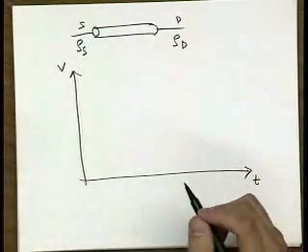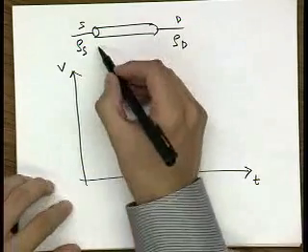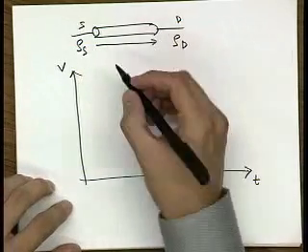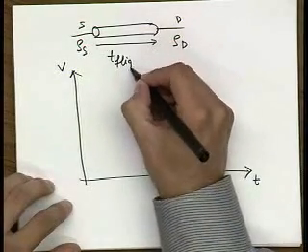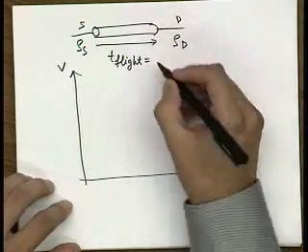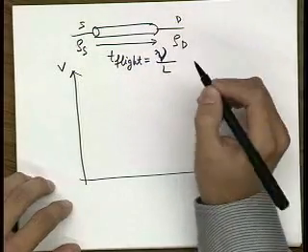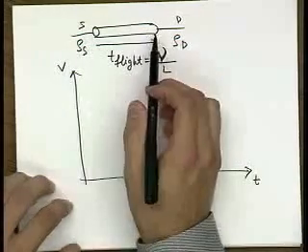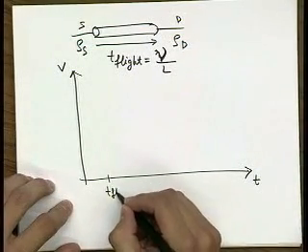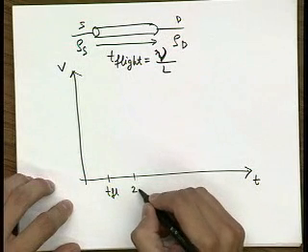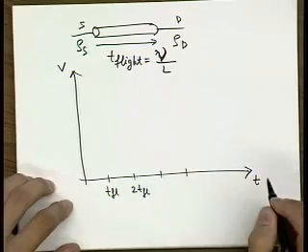It takes a certain time of flight for a wave to propagate in one direction. So this is basically T flight, which is equal to the length of the wire divided by the speed of the wave. Let's say that this is T flight, this is 2 times T flight, 3, 4, and so on.